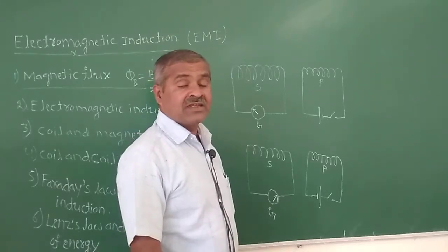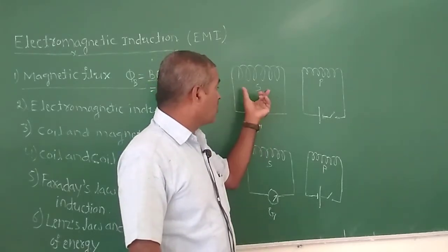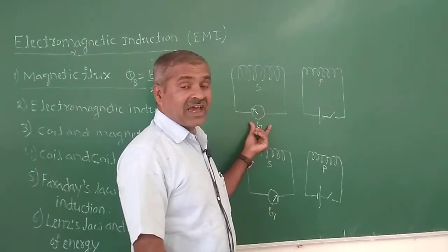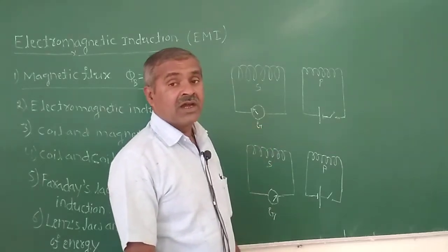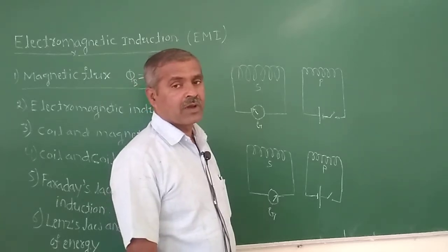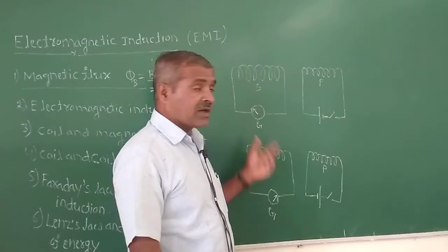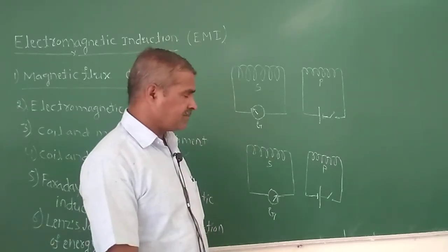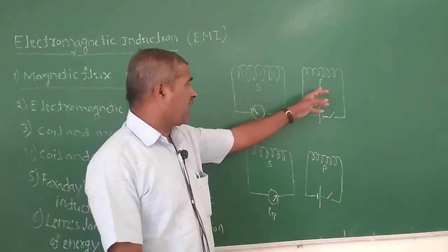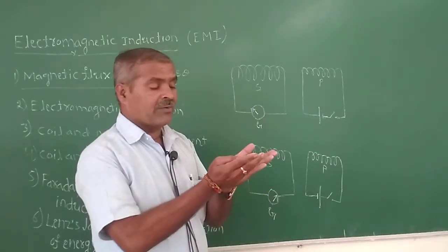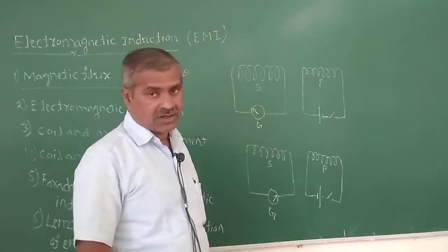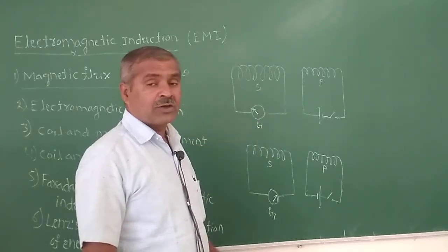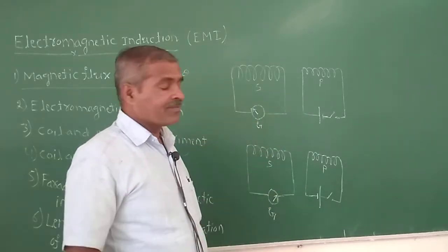Therefore, the magnetic flux linked with the secondary coil changes, and this galvanometer shows a deflection. The primary coil and secondary coil are very close to each other, but not touching each other.